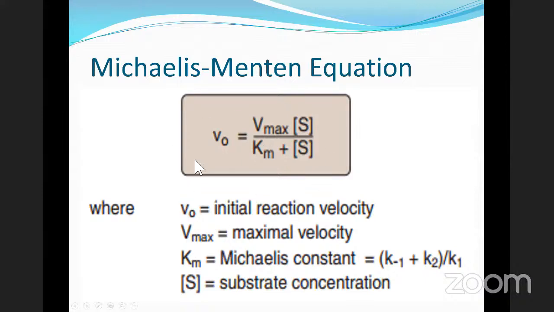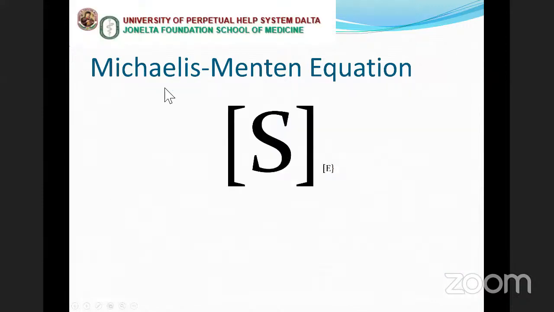Okay, so what will we do with this equation? First, we would need to have assumptions. So Michaelis-Menten equation assumes that there's only one substrate before we go into your bisubstrate kinetics. Okay, so there are three assumptions which we will try to make simple by using these diagrams.